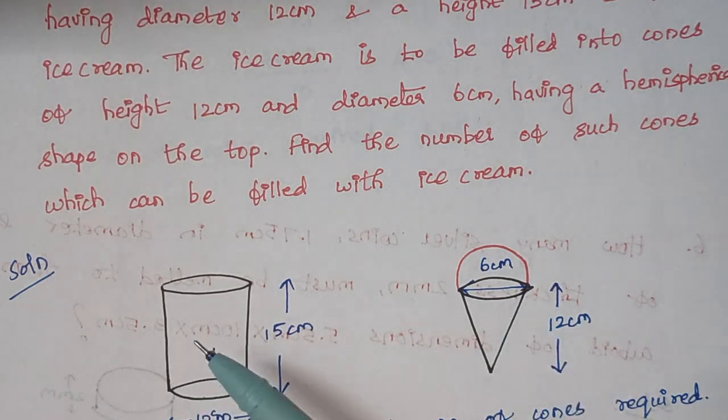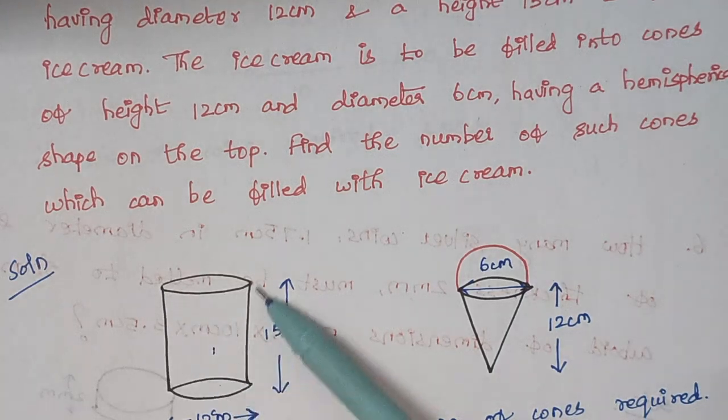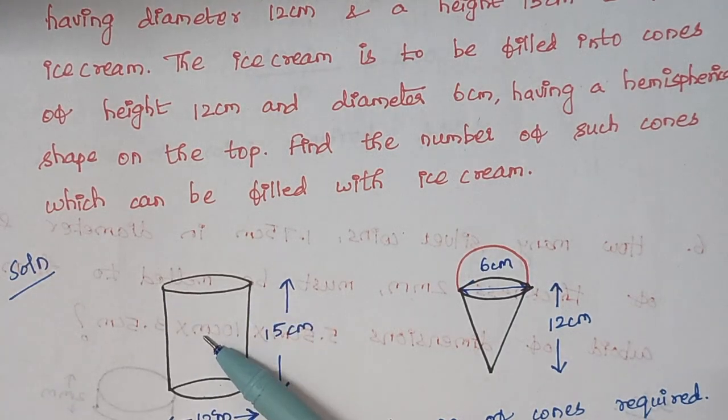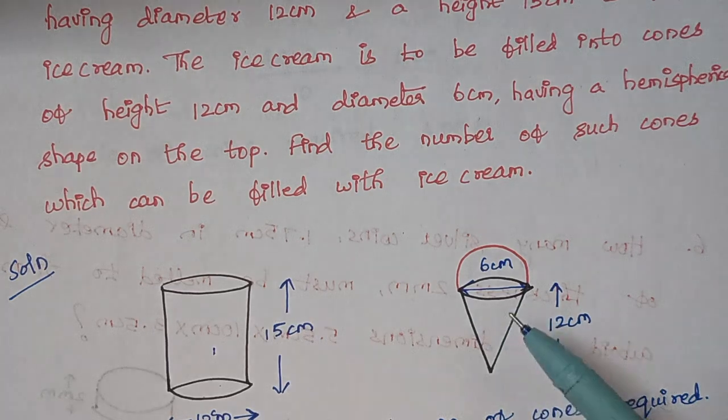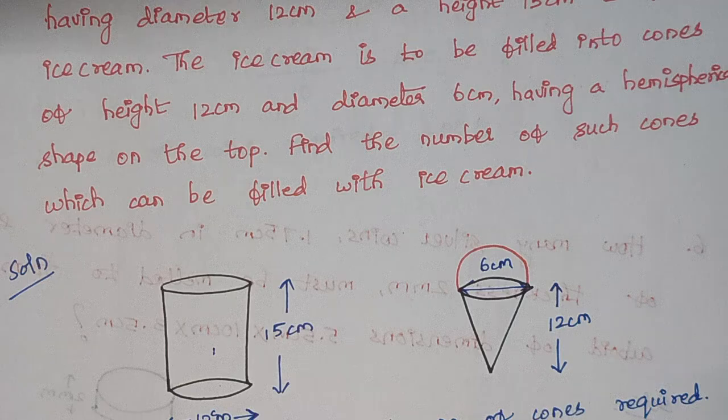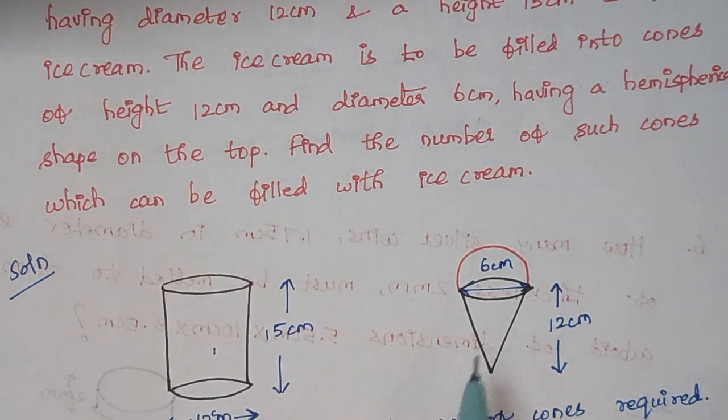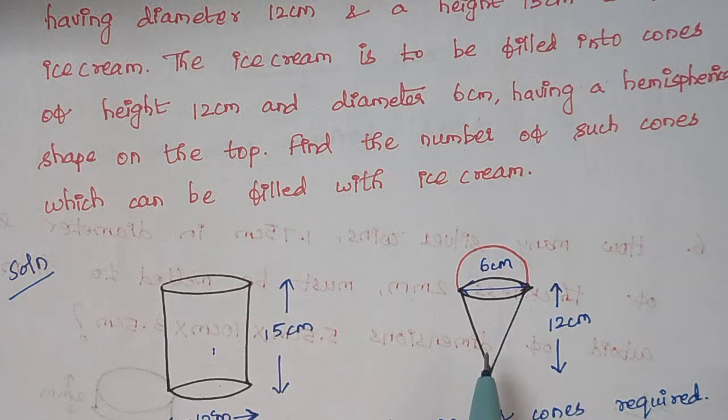So volume of this ice cream which is filled in the cylinder is equal to the volume of cone multiplied by, we don't know how many cones we need to finish the ice cream in the cylinder. So volume of the cylinder is equal to some x times, x is the number of cones, multiplied by volume of the cone, right?